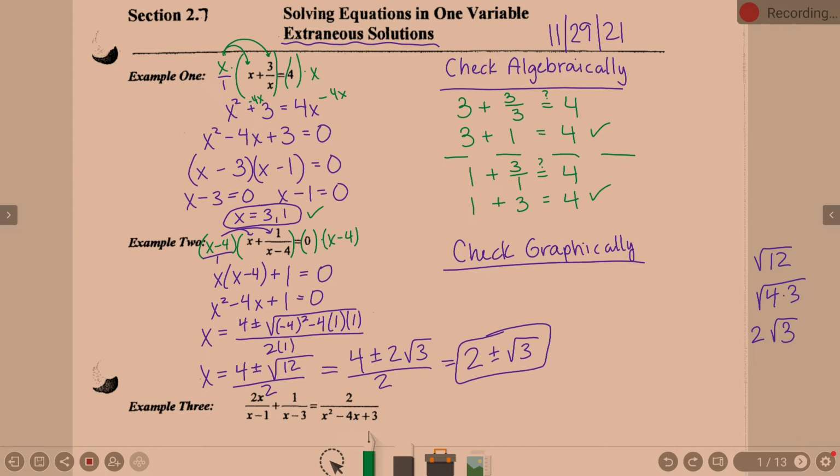So you're just going to graph y equals x plus 1 over x minus 4. And then after you graph that, you're going to check the zeros. Okay? So grab your calculator if you haven't already. And let's check this out real quick.